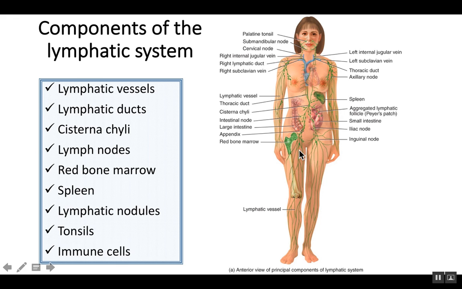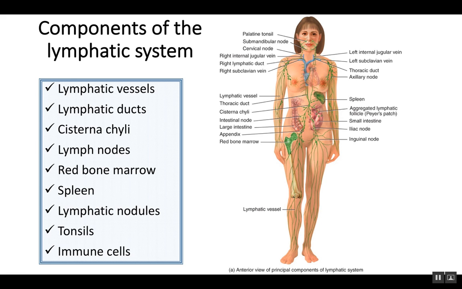We'll look at a better picture coming up, but there's one known as the thoracic duct, which comes up your chest and empties into your left subclavian vein. And then there's also a right lymphatic duct, which empties into your right subclavian vein. So that's the destination of your lymph, to get it back into the bloodstream at the subclavian veins.